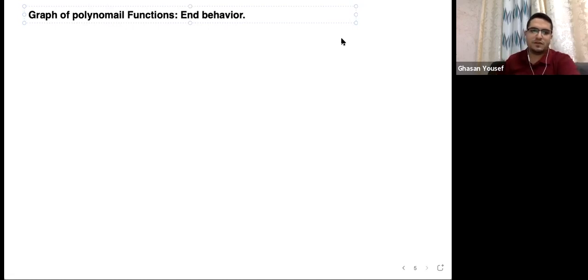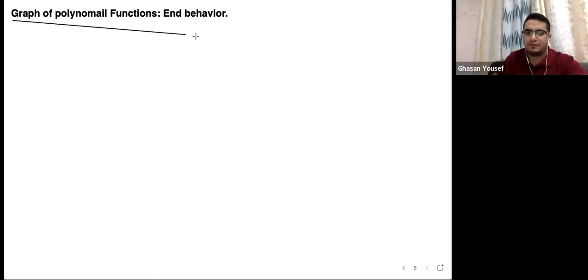Okay. So first of all, we have to talk a little bit about the end behavior. This is very important to help me actually graph any polynomial function. So here, the end behavior of a polynomial.